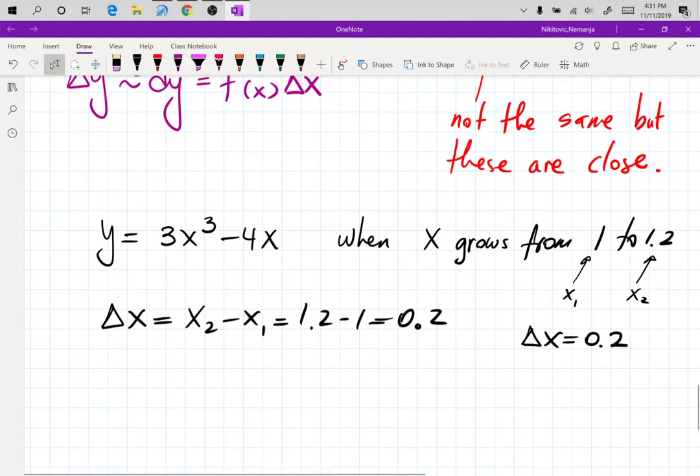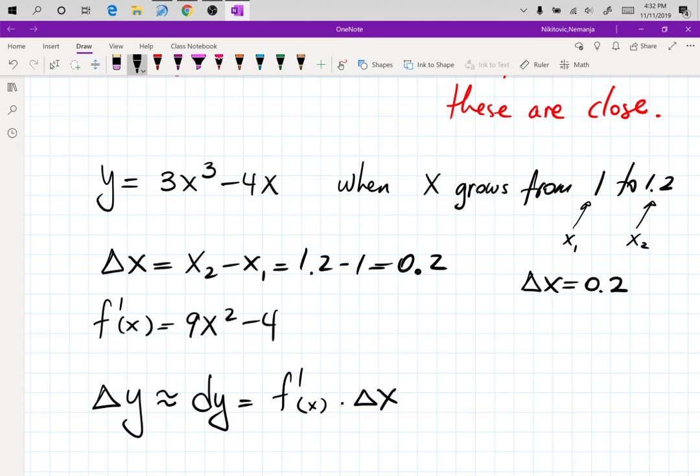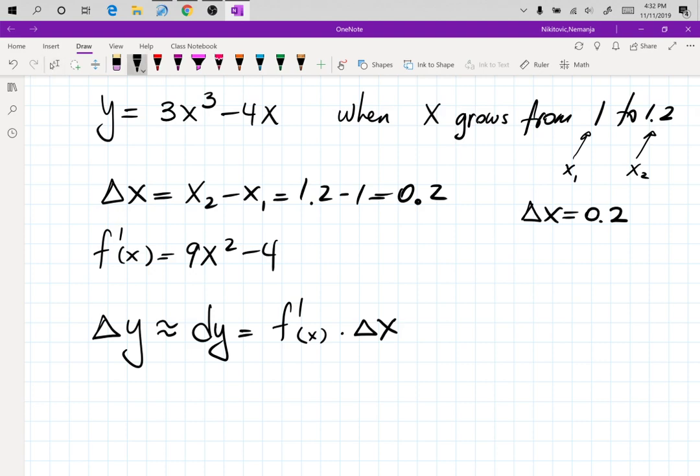Put that in a bank. The next job is to find the derivative, which is 9x squared minus 4. And now finally, we say the exact change in y is approximated by dy, which is the one that I can compute. That's the derivative times delta x. So now we just plug everything in. The derivative is 9 times, and your x is 1.